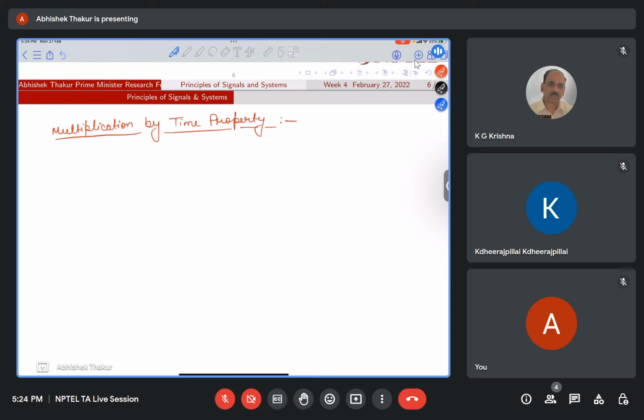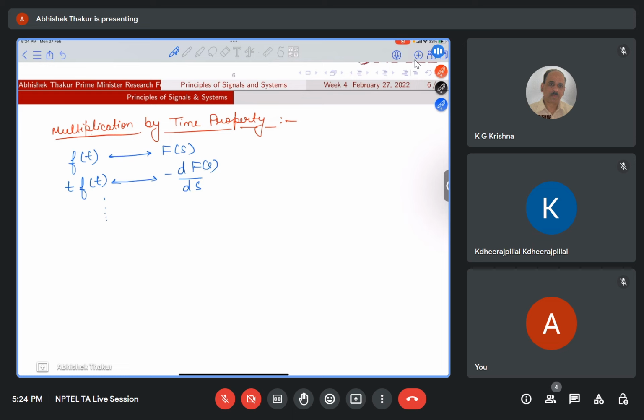All these are already taught in this week's lecture, so I'm just writing the summary of it, not going deep. You can see the proof, which is already taught in the lecture uploaded on the NPTEL portal. So the Laplace transform of f(t) is F(s). When f(t) is multiplied with time t, the Laplace transform will be minus of the differentiation of F(s) with respect to s.